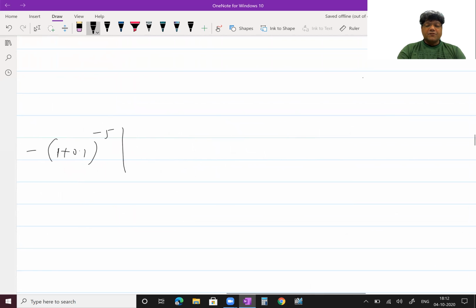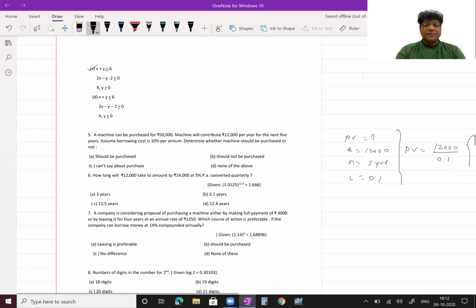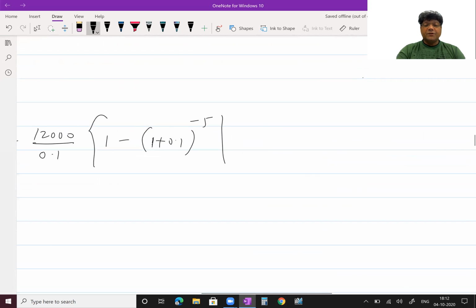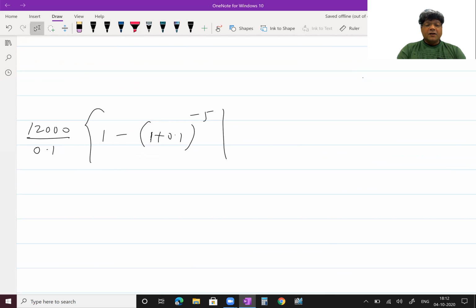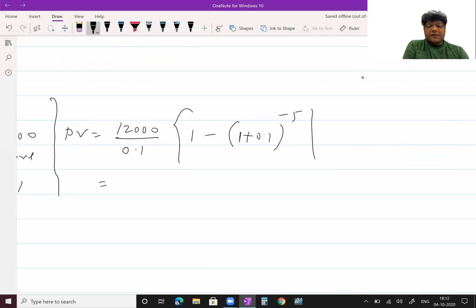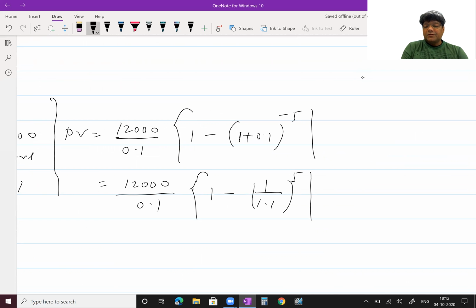So if we use a calculator, the value is not supplied, okay. Then I'm writing 12,000 by 0.1 into 1 minus, this we can write as 1 by 1.1 whole to the power 5, you know, from indices.